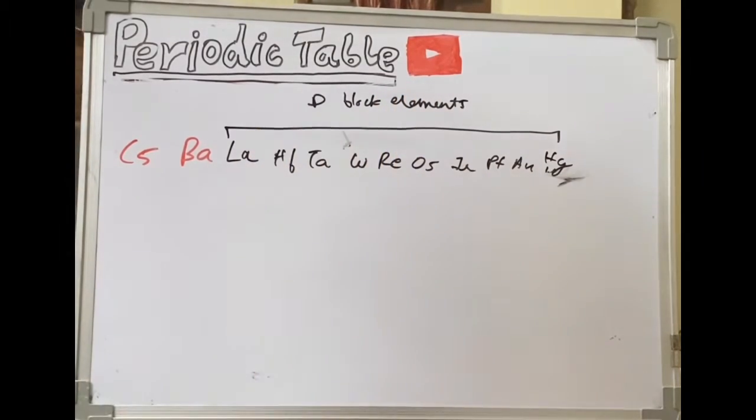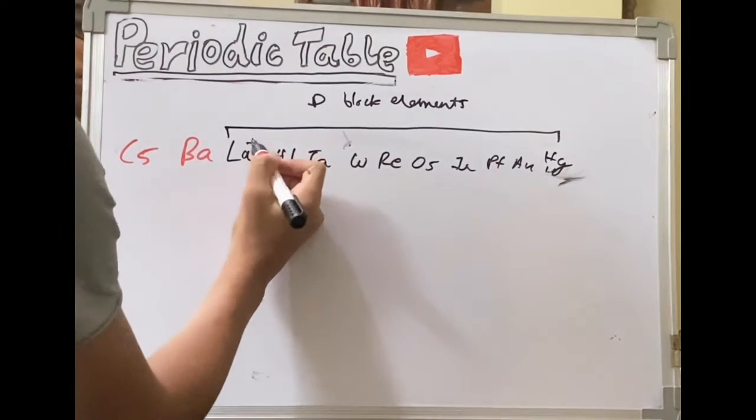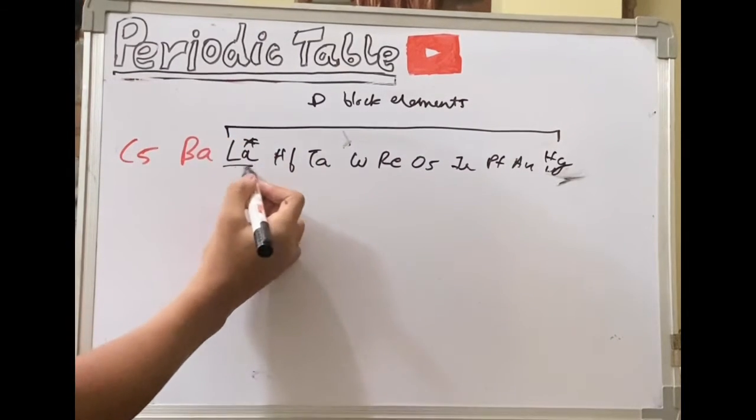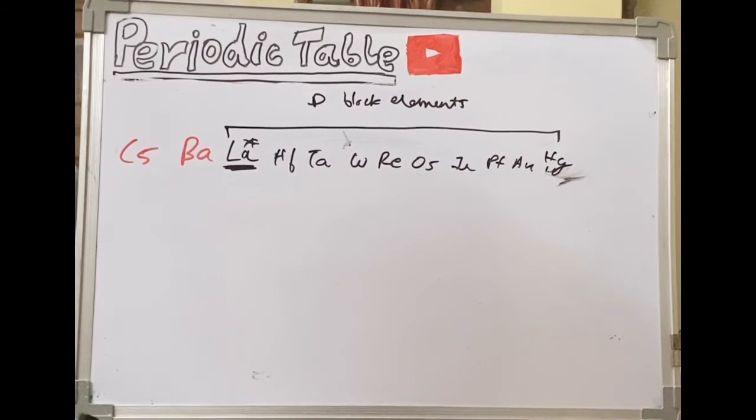But so many people would have seen an asterisk mark over here. What does this denote now? So this is nothing but the lanthanide series. Now lanthanide series consists of 14 elements, and these are also known as rare earth elements.